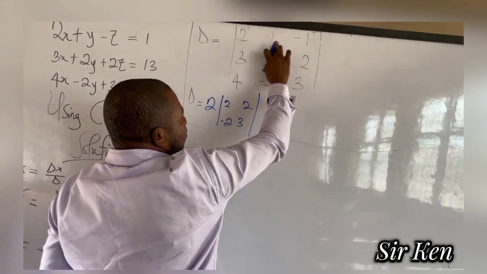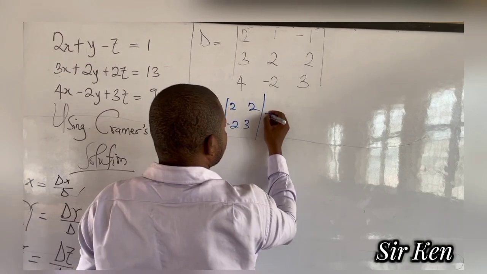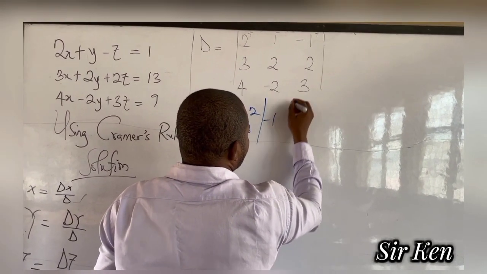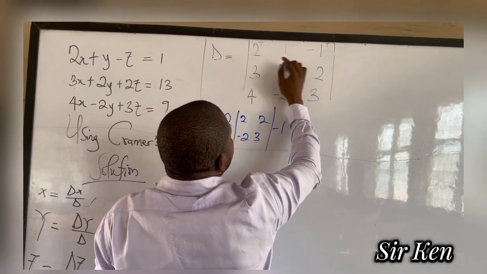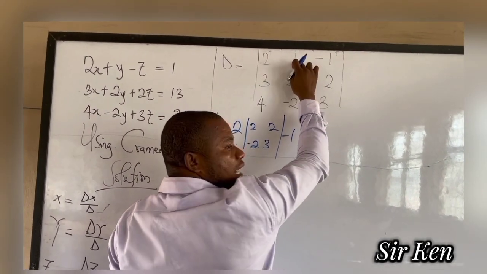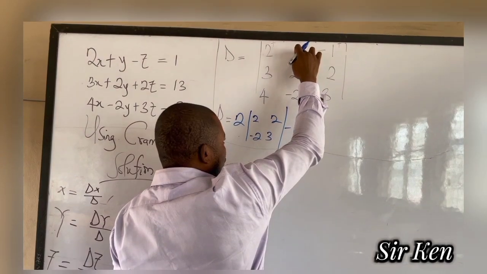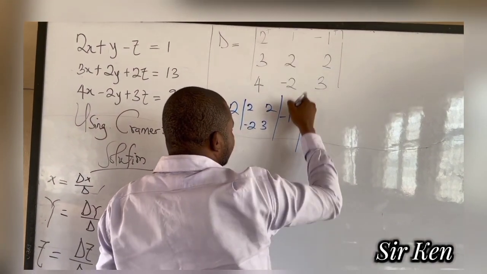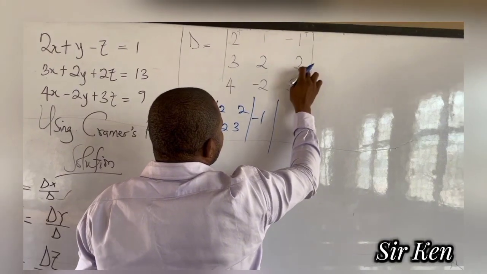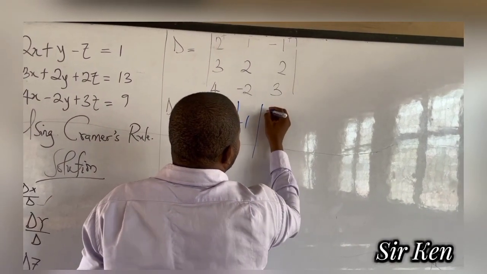Now coming to this, the one at the middle here is negative, so it becomes minus 1 into. I'm cancelling this, because I'm dealing with this one here, so I will now be left with 3, 2, 4, 3.